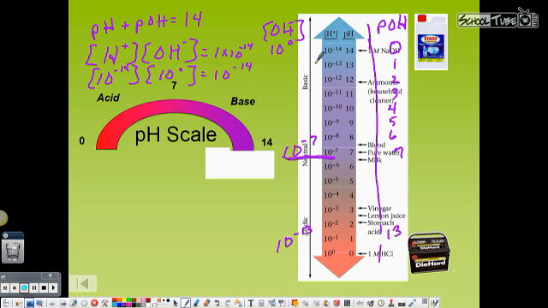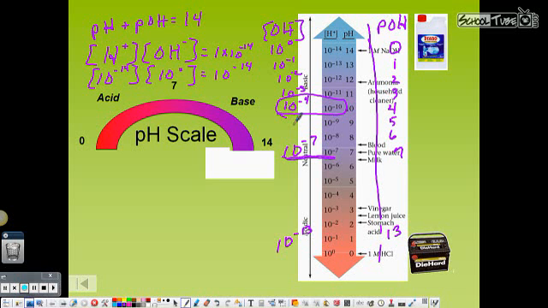And as the H ion gets bigger, then the OH gets smaller. So this is going to be 10 to the first, 10 to the second, 10 to the third, and all those are minuses on the other side, 10 to the minus 3, 10 to the minus 4. But when I take those two numbers times each other, I get 10 to the minus 14 all the way through. Okay?